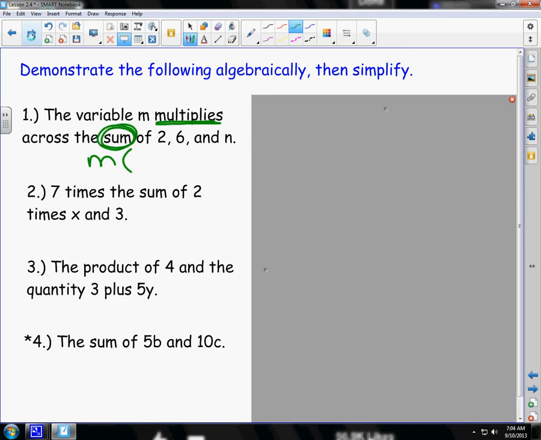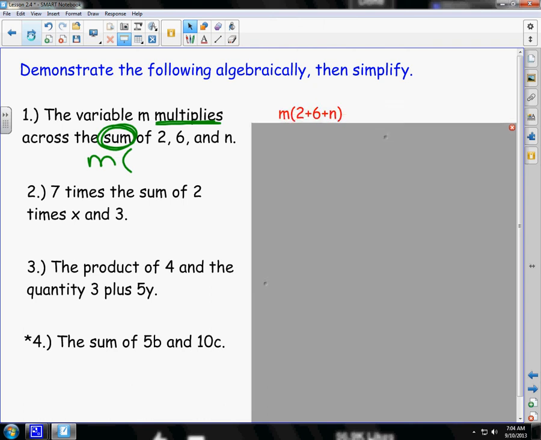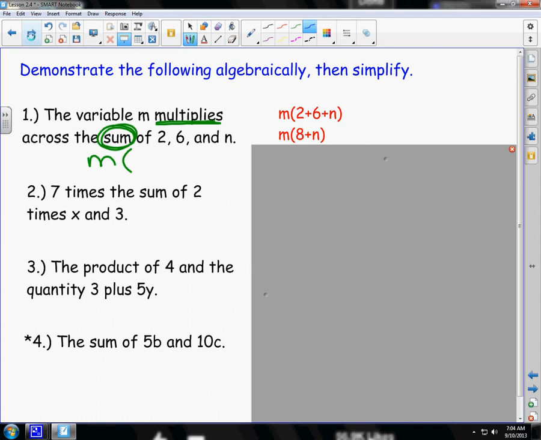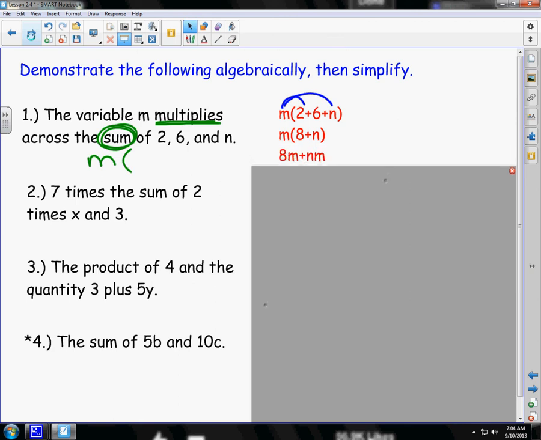Here's another key word, sum of all three of these. So if I were to do this, it would look like this: m times 2 plus 6 plus n. And then you can figure that out by the distributive property. They simplified it to 8m plus nm.